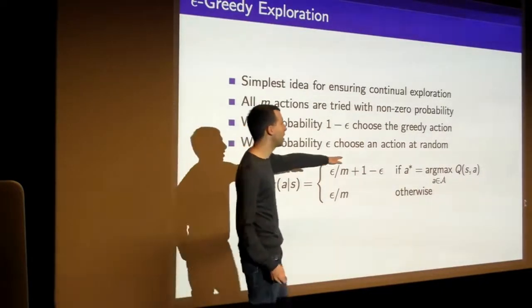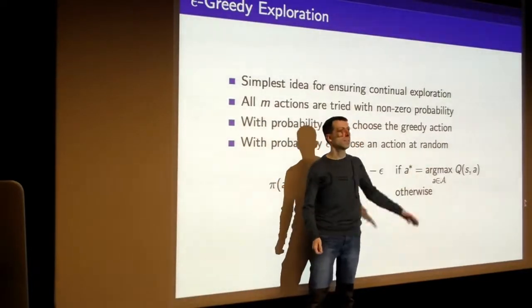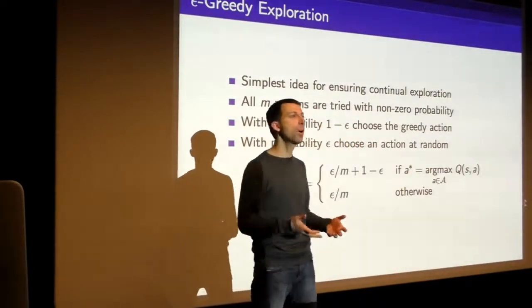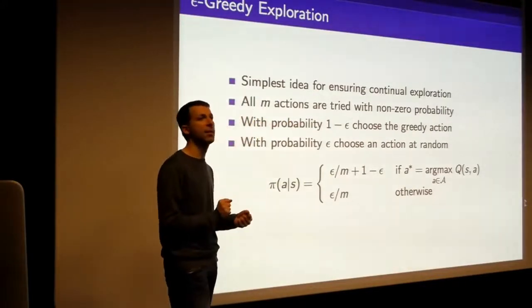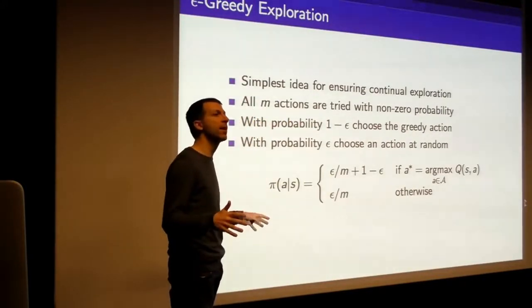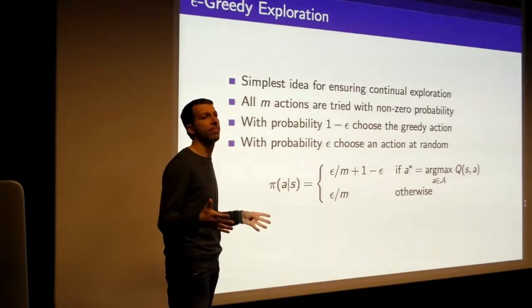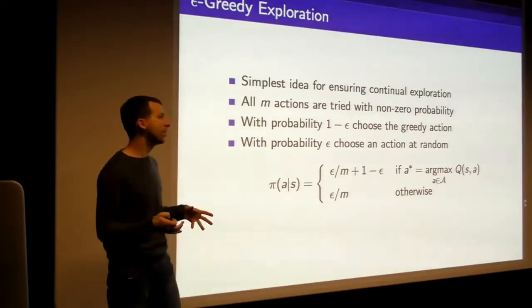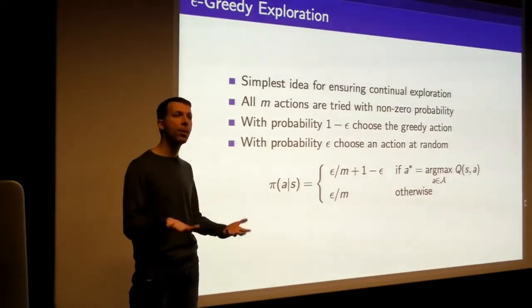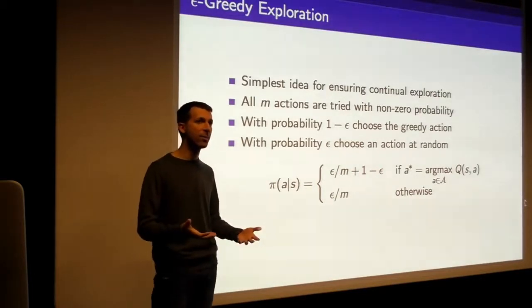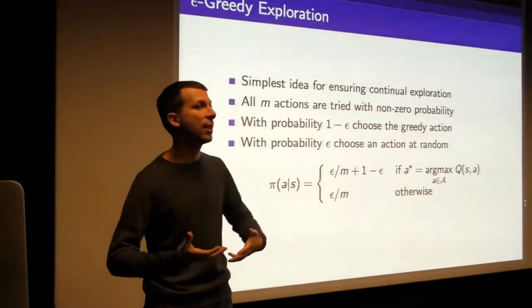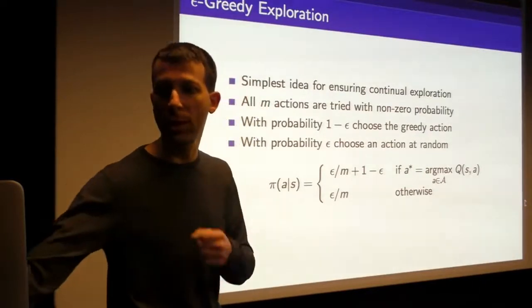You take your argmax over your Q values. So it's just like our greedy policy improvement, but we've softened it a little bit to make sure that with some small probability, you try all the other actions. So this might seem naive, but it has some nice properties. It guarantees that you continue to explore everything, and it guarantees that you actually improve your policy as well, as we'll see shortly.